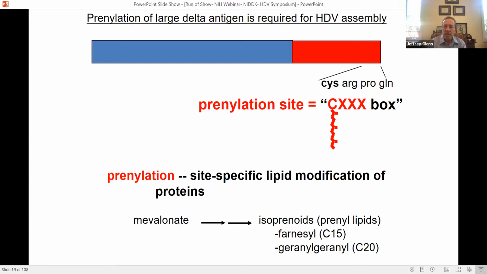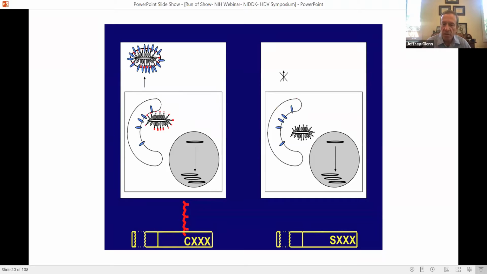This is a substrate for covalent addition of prenyl lipids by host enzymes. These lipids are derived from mevalonate in our body, either farnesyl or geranylgeranyl gets added on to CAAX boxes. In the case of delta antigen, it uses the farnesyl.